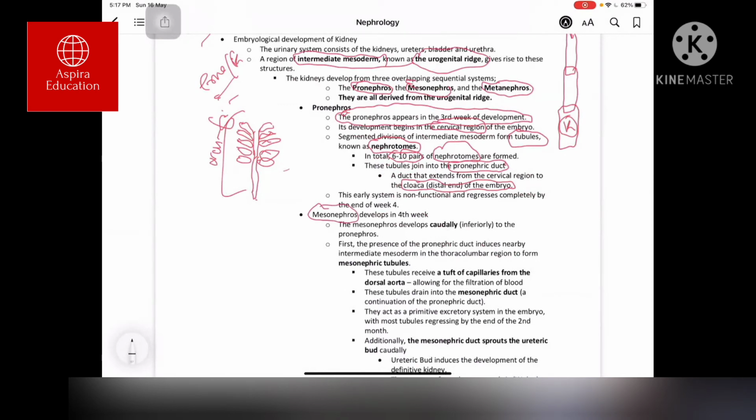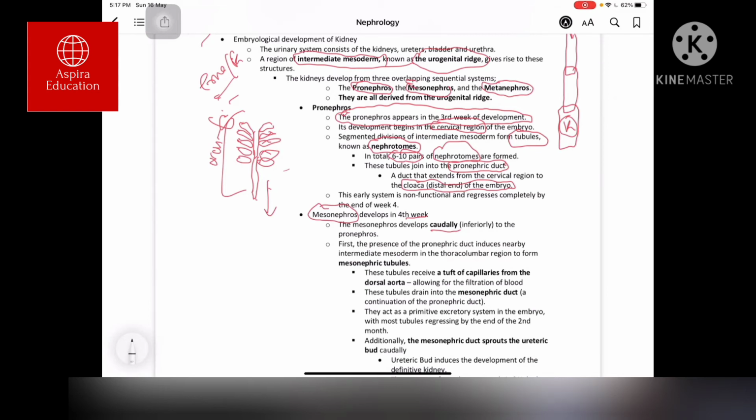This mesonephros develops in the fourth week and it moves caudally to the pronephros. First, the presence of the pronephric duct induces the intermediate mesoderm in the thoracolumbar region to form mesonephric ducts.